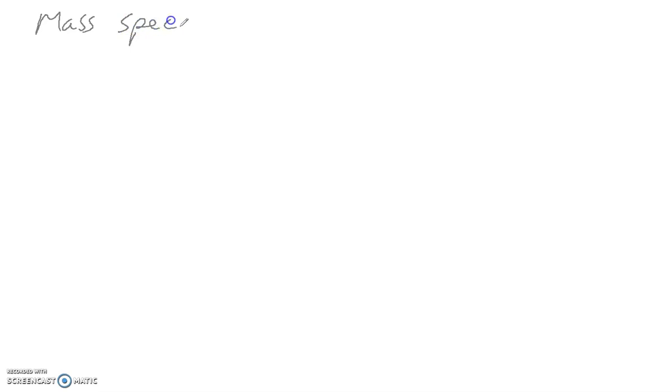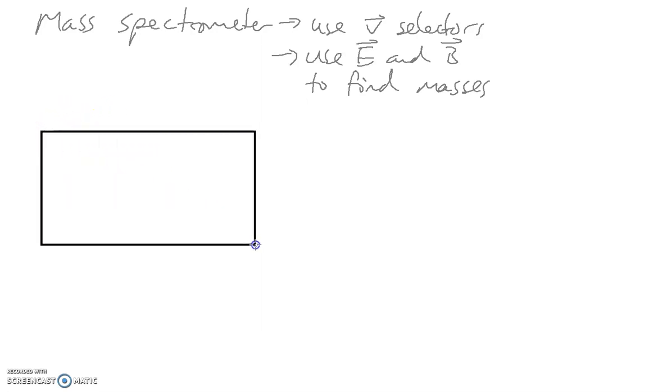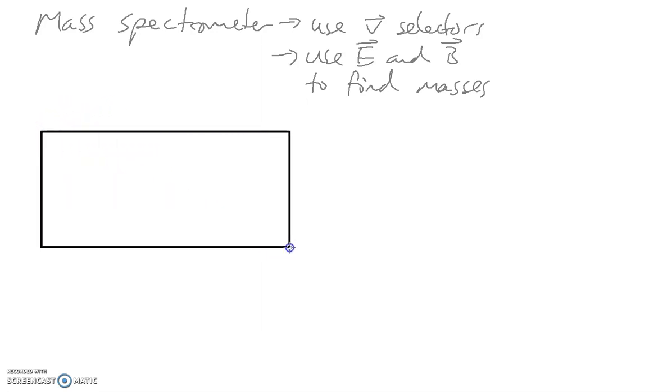Basically, mass spectrometers use the velocity selectors you guys have been looking at, and they also use the electric fields and the magnetic fields in order to actually find masses of charges. So we're going to lay things out here a little bit, and maybe won't make it too crazy, but it's probably the easiest way to look at it, and we'll connect this to something else later on.